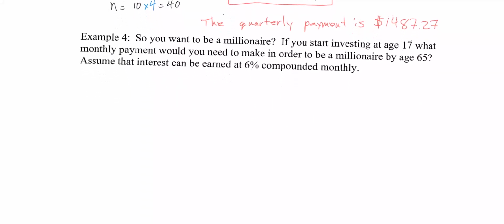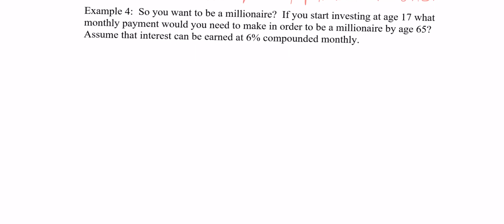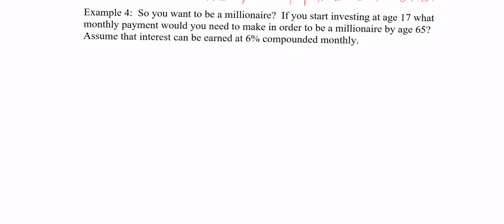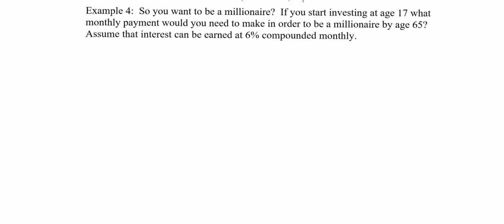For example number 4, I'm just going to have to readjust the screen slightly so you can see it. So let's see how I could be a millionaire, or you could be a millionaire if you started at the age of 17 and made monthly payments. How much money would we have to put away each month? So because we're putting monthly payments away, we're going to always start with A-R-I-N.